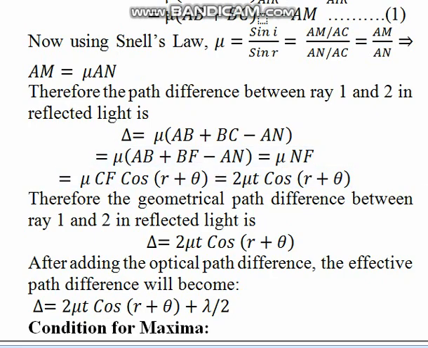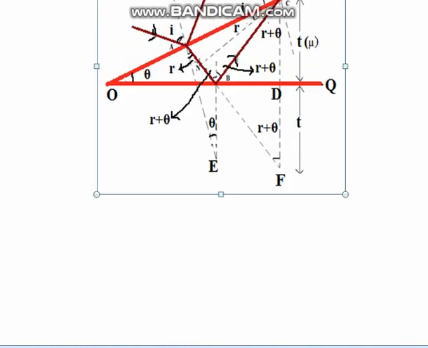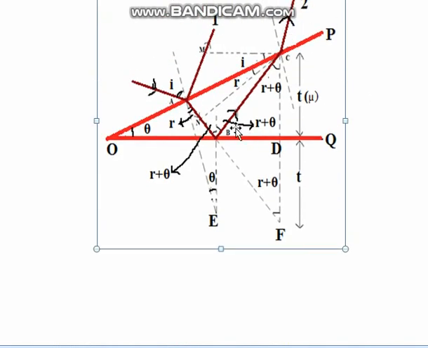Now take the right triangle, which is F, C and N. From this right triangle we find the arm NF by taking the cos formula.